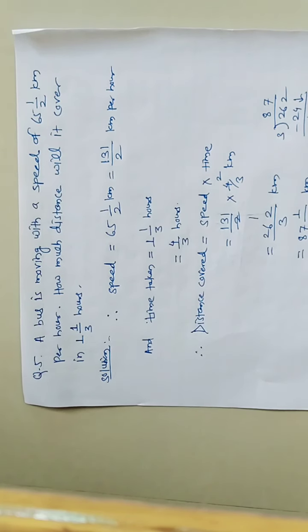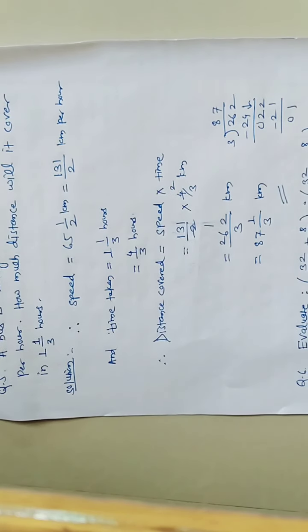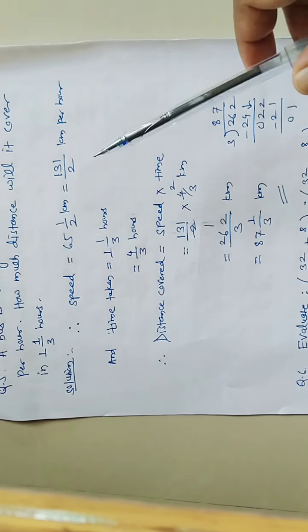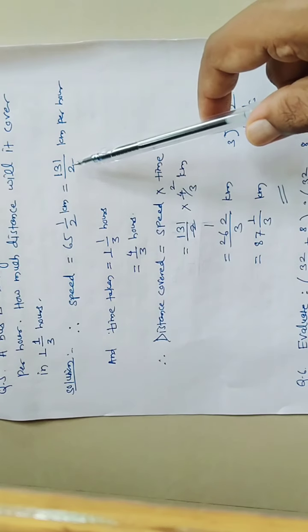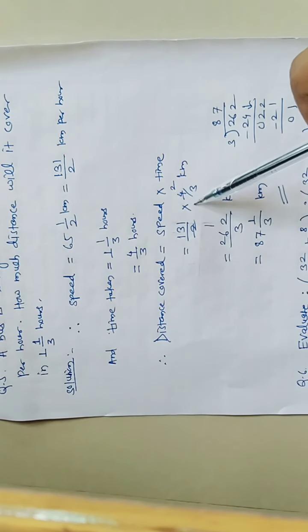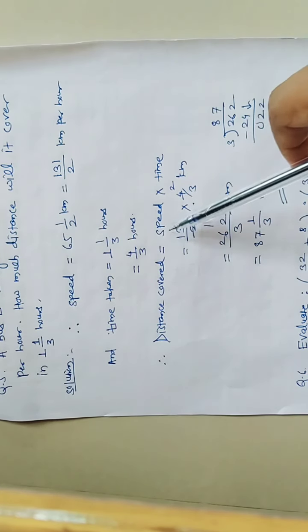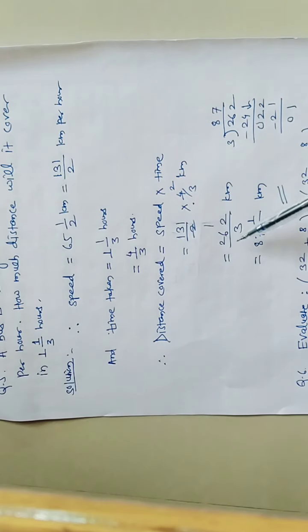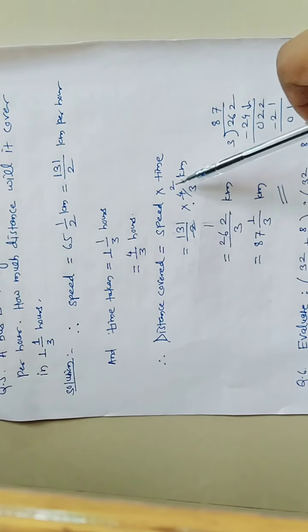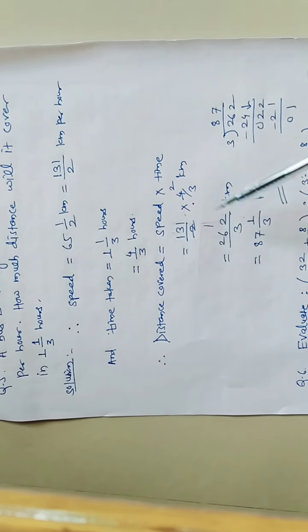As we know the formula, distance covered is equal to speed multiplied by time. So we know the speed is 131 divided by 2, multiplied by time, 4 upon 3. Which is equal to 2 1s are 2, 2 2s are 4. So 131 2s are 262 divided by 3 kilometers.